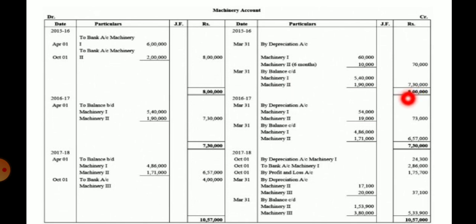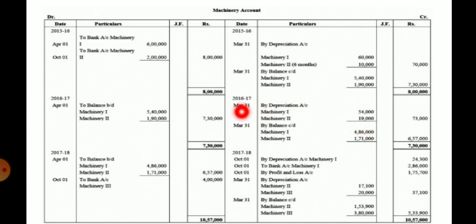That is 7,30,000. Now this balance is transferred to balance b/d, with different values of first and second machinery, and again the depreciation is charged for these two machineries in different columns. As in the diminishing balance method, the value of depreciation changes every year. Okay, so this is the valuation.